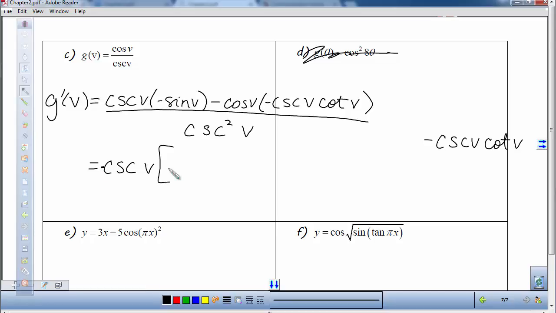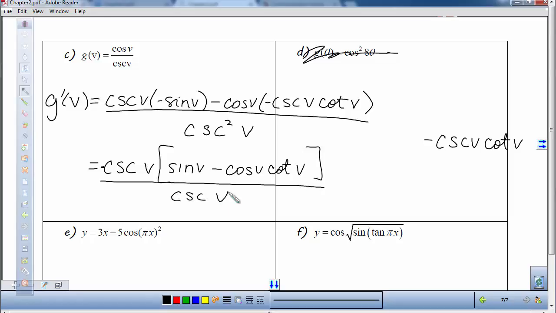That leaves me with sine v. If we factored out negative cosecant, this whole one is gone. So we've got minus cosine v cotangent v all over cosecant v, and that's cosecant squared v.